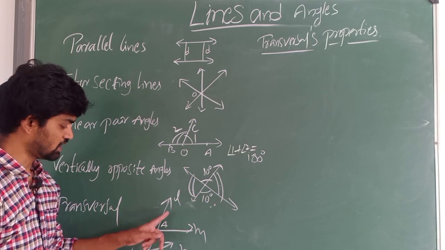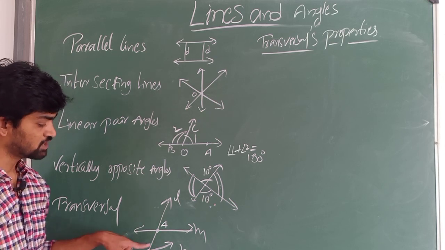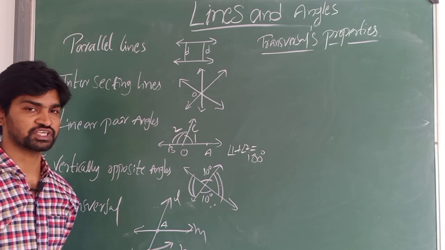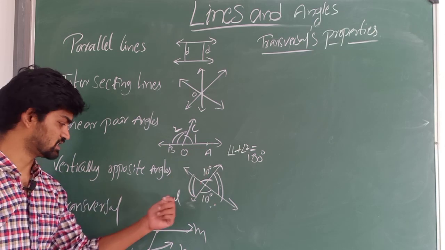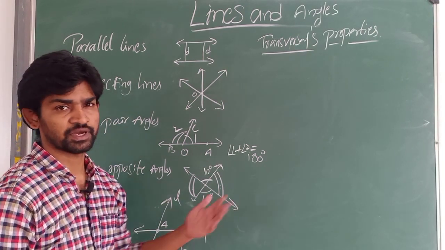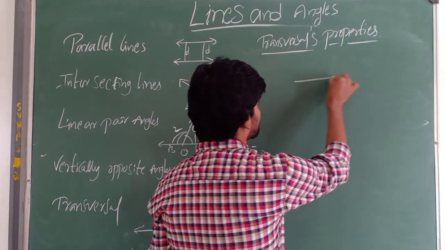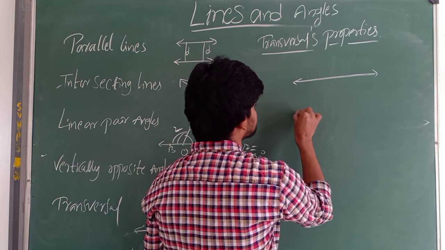Now there are a lot of angles formed here. Here 4 angles formed, here 4, total 8 angles formed. Now how those properties will be, we'll see when this transversal happens on a pair of parallel lines. Right. Now I'll draw two parallel lines here.